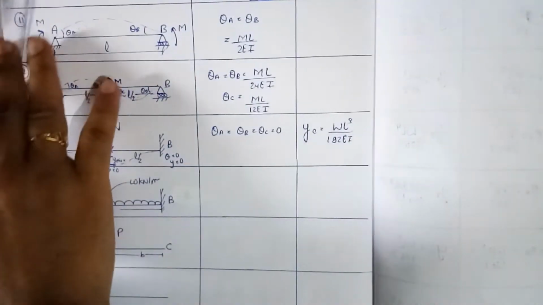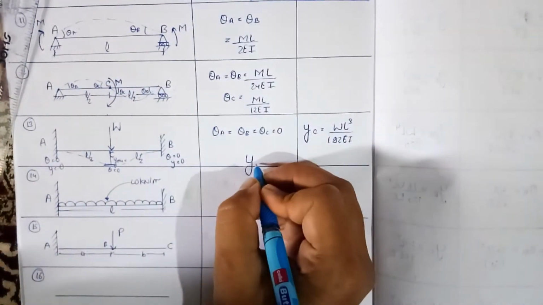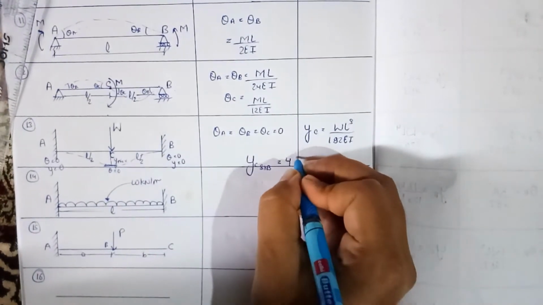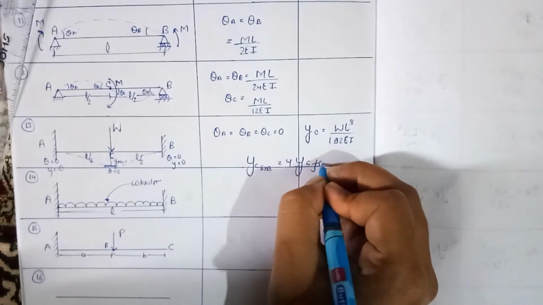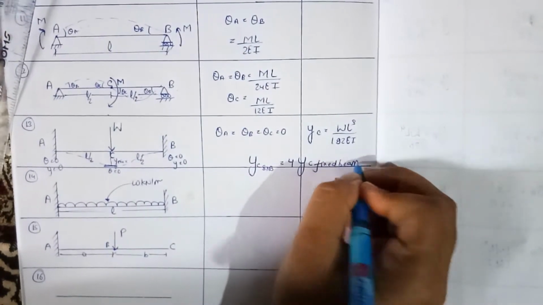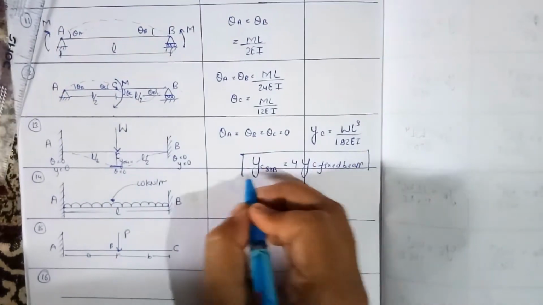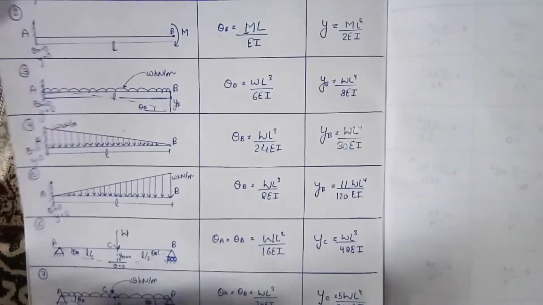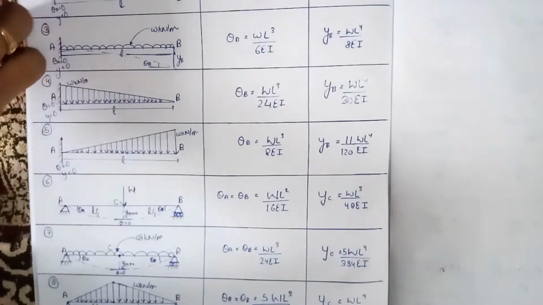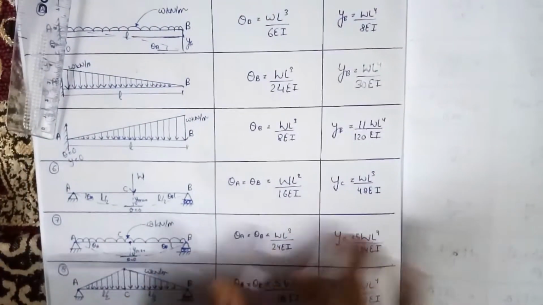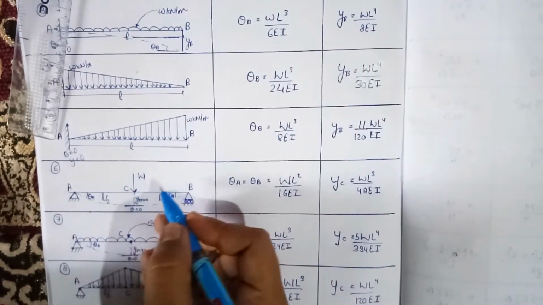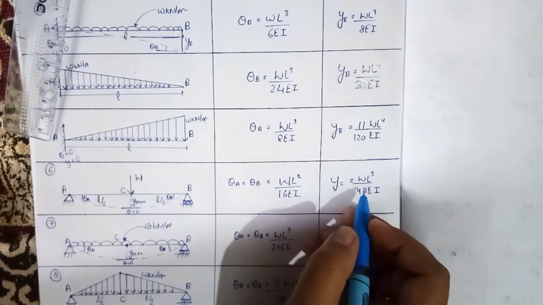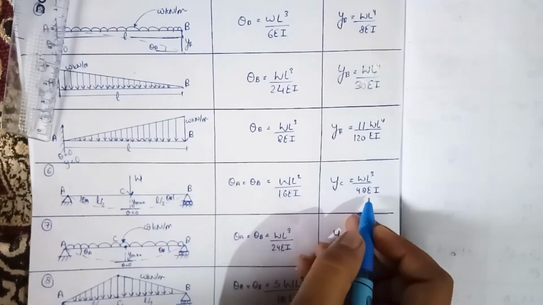Remember one thing: the deflection at C of a simply supported beam will be equal to 4 times the deflection at C for the fixed beam. This is a very important point. Here you can see a simply supported beam subjected to the central point load at the point C. In that case the value of deflection is equal to WL cube upon 48 EI.